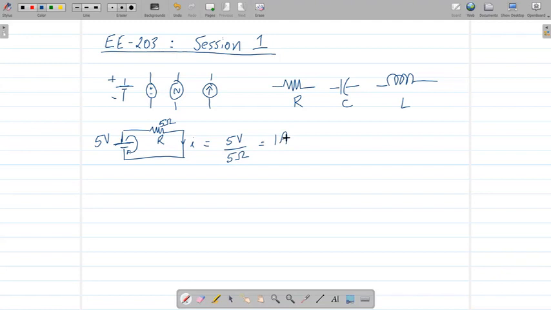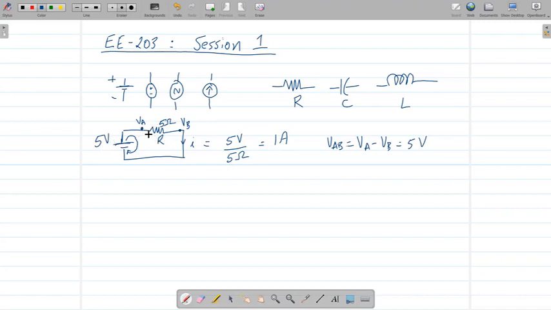If I have some value VA over here and VB over here, then VAB is VA minus VB, that's 5 volts. So the entire energy which is given out by the battery is being dissipated across this resistor.